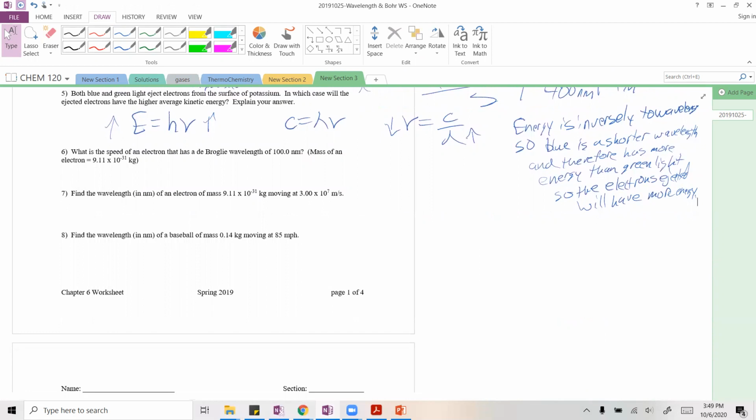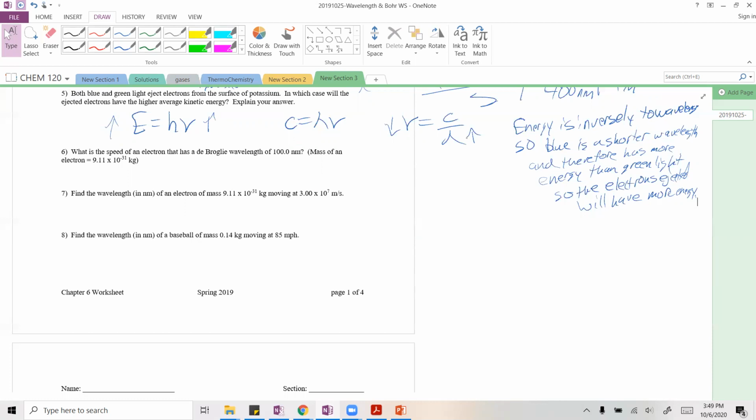What is the speed of an electron that has a de Broglie wavelength of 100.0 nanometers, knowing that the mass of an electron is 9.11 times 10 to the negative 31 kilograms? So what we want to do with this is we need to add in another part.